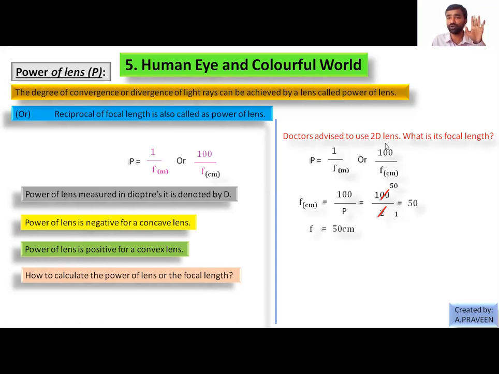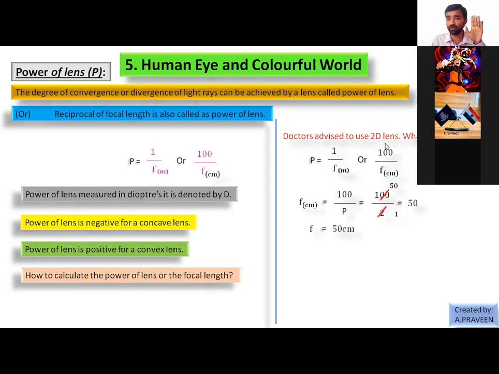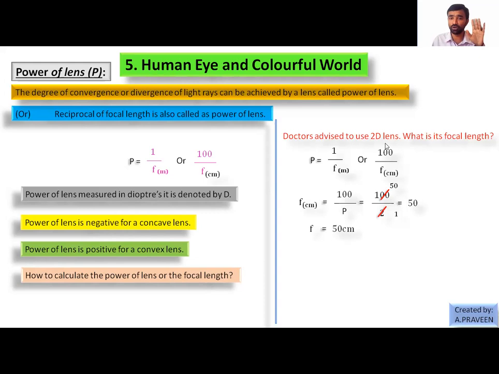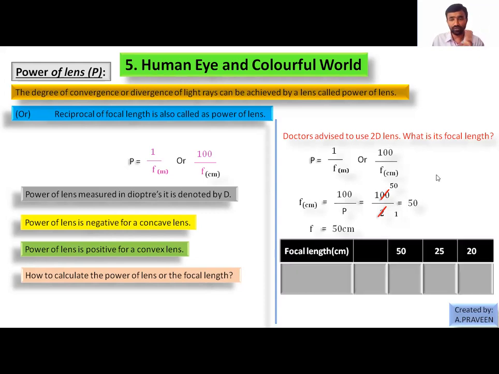Are you clear how to find the focal length by knowing the power of the lens? Yes, right. There are other models also. A number of questions may be asked like this. For example, they give you the focal length in centimeters and ask you to find the power of the lens. Suppose the focal length is given as 100 centimeters.